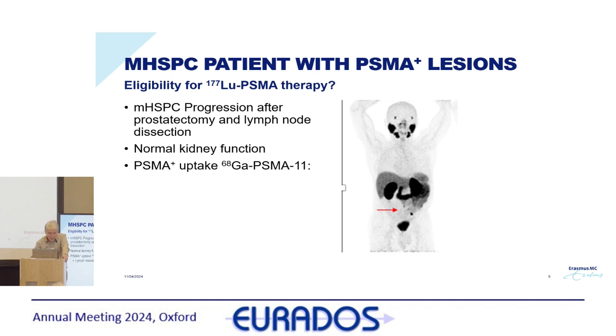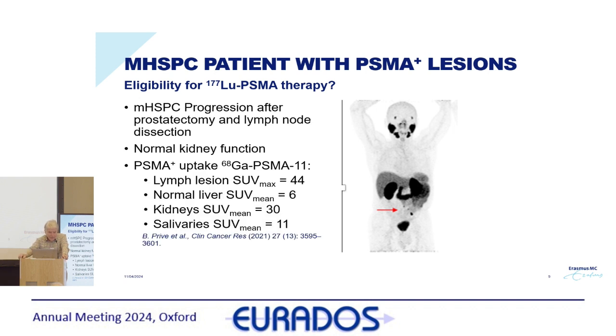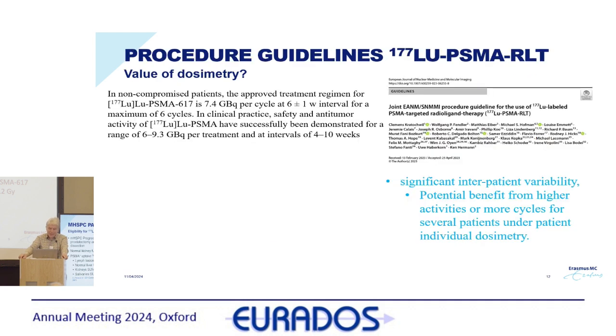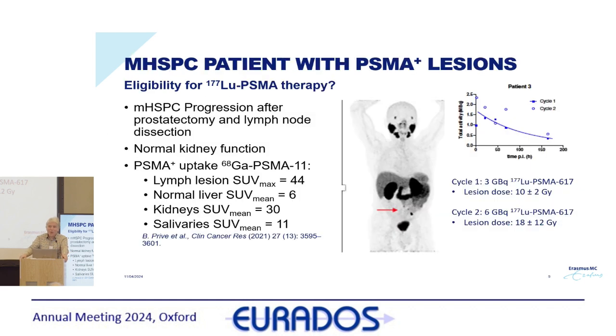And this patient here showed uptake in the lymph nodes, uptake in the normal liver, kidneys, and the salivaries were comparable as I showed before, and this led to doses by the 2 cycles. In this case, the activity was not the 7.4 gigabecquerel, again because the physician was more cautious not to cause any damage in normal organs.